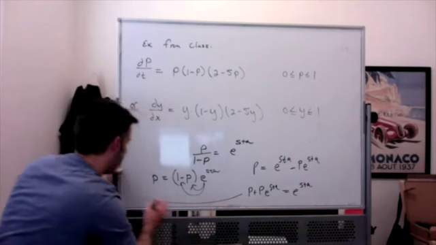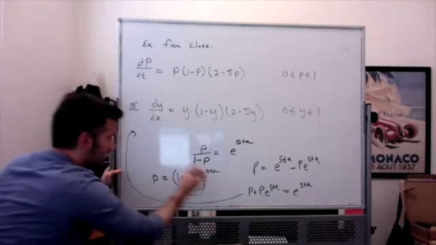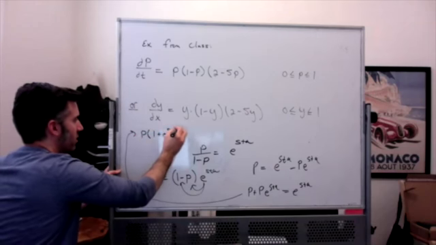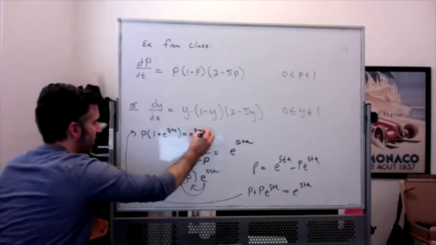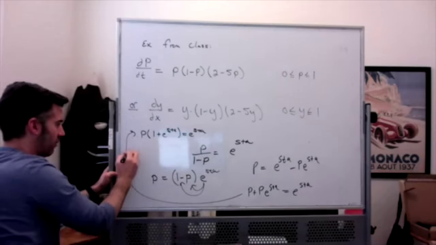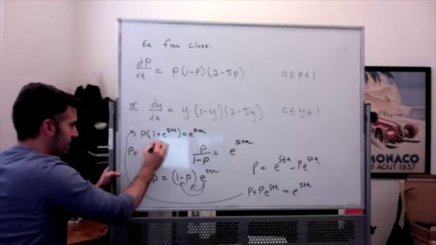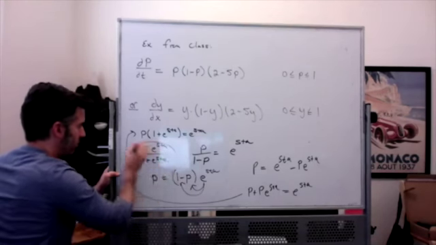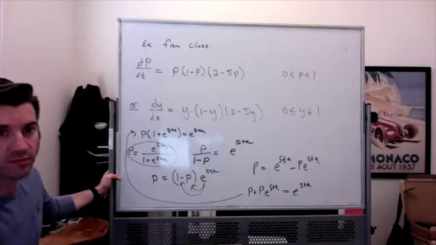So you've got p times 1 plus e to the whatever equal to e to the whatever. And finally, you can divide by this, and you get p isolated as e to the stuff over 1 plus e to the stuff. Oh, okay, that makes total sense.